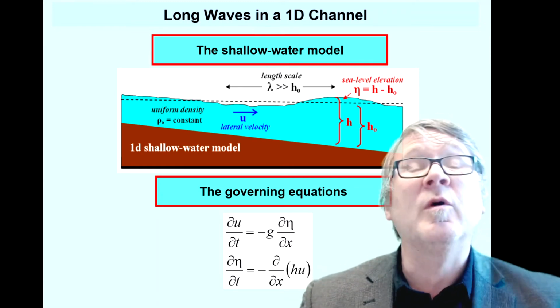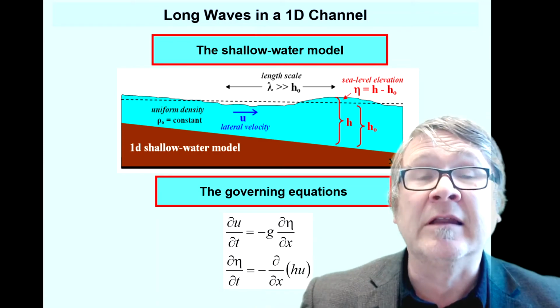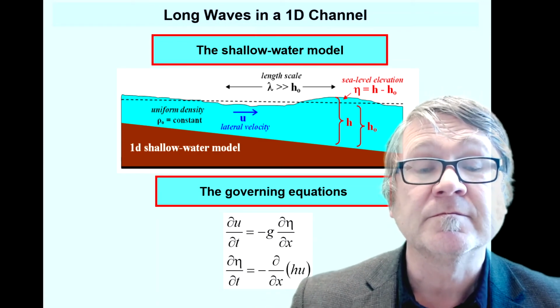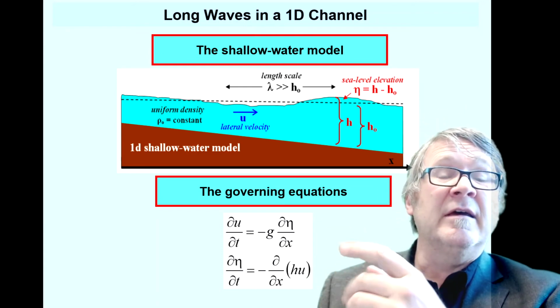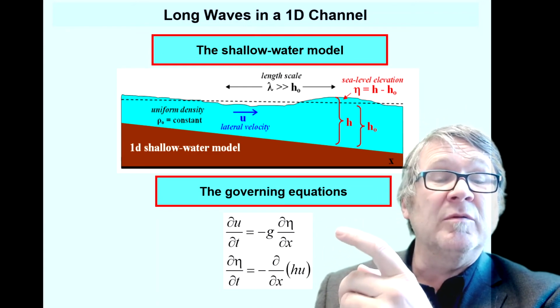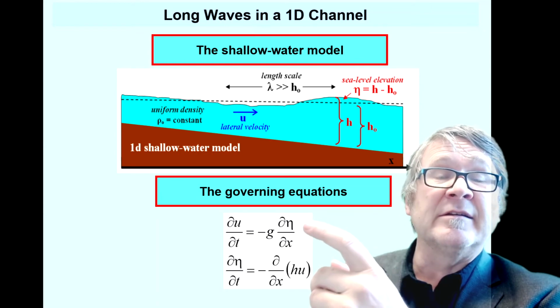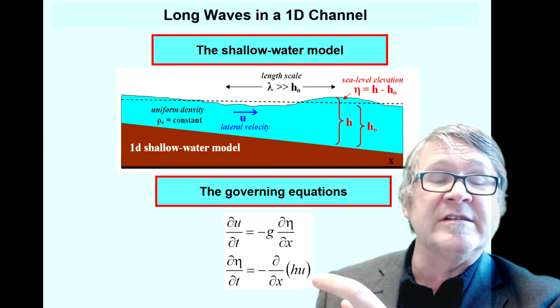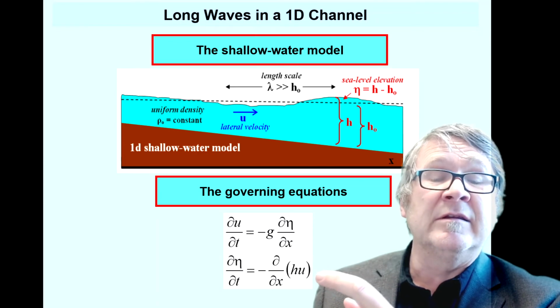And the second equation expresses volume conservation. And you can see that these equations are coupled. You have the sea level on the right hand side in the first equation, and you have the horizontal velocity on the right hand side in the second.